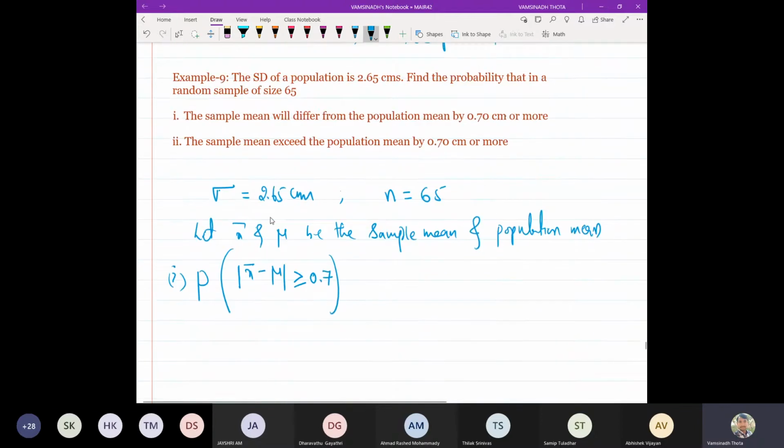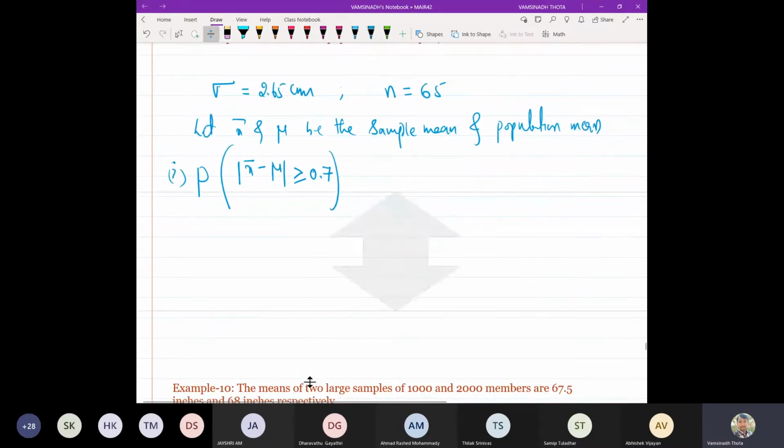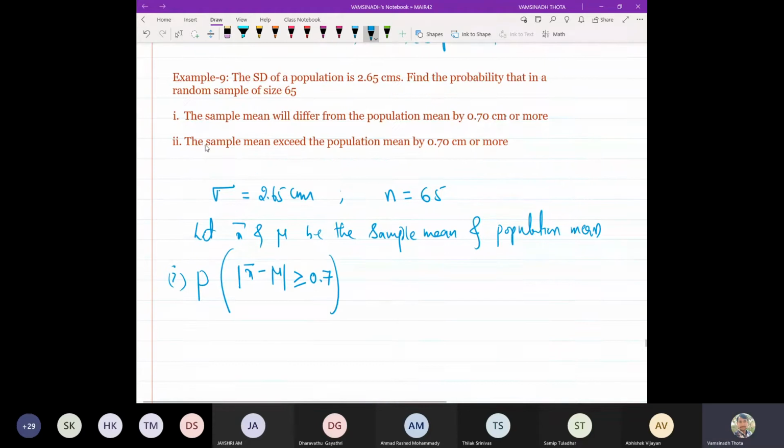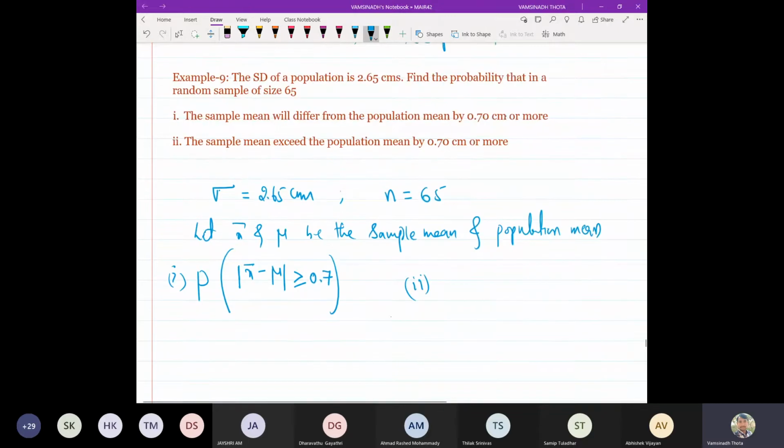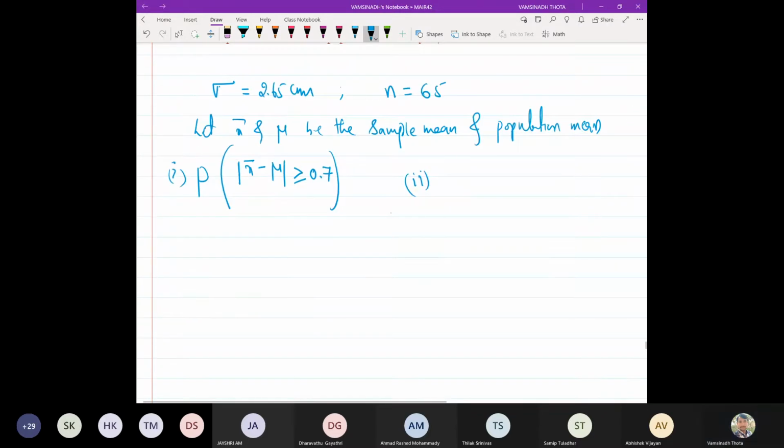Now on the second question, the sample mean exceeds the population mean by 0.70 or more. So which one is bigger? The sample mean is the bigger. If it were asked for 0.7, we would find equality, but it is said 0.70 or more.